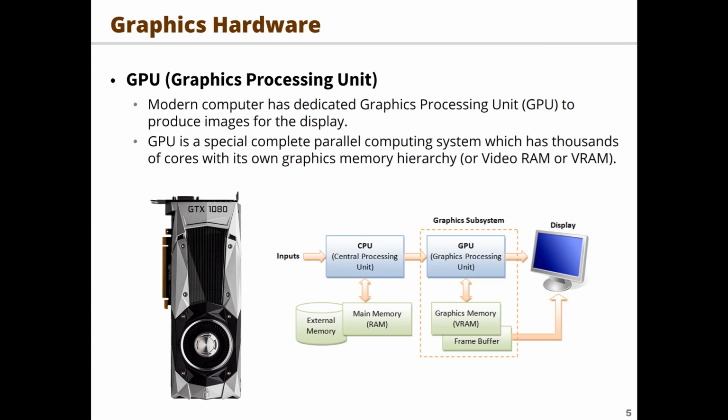And here's a brief introduction to graphics hardware. You probably heard that GPU is a graphics processing unit, which is similar to the central processing unit, CPU. This is a dedicated unit for only graphics processing. So it was a graphics oriented processing unit. But nowadays, the GPU is no longer only a graphics processing unit. It is a more general purpose computing unit.